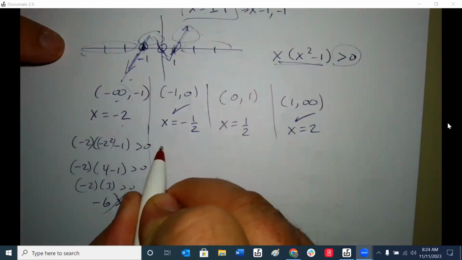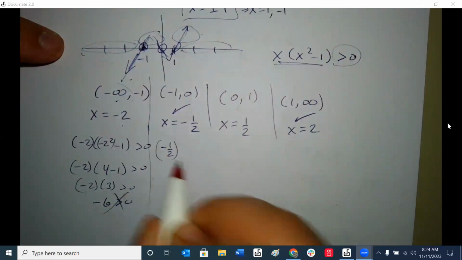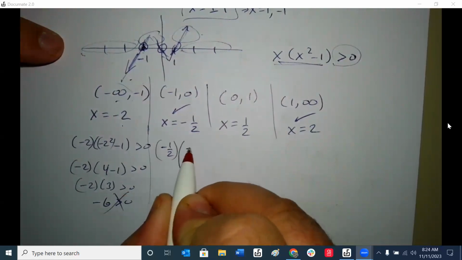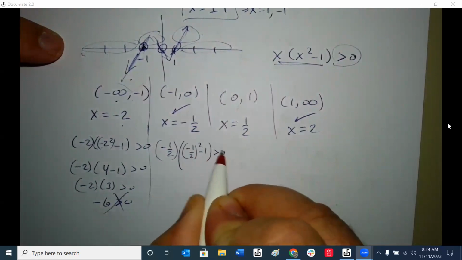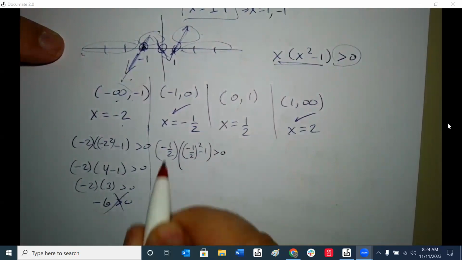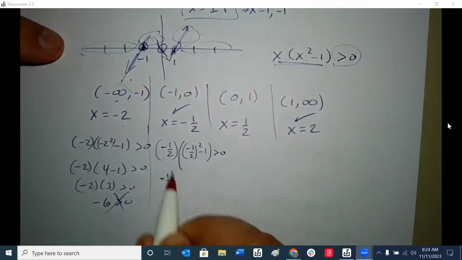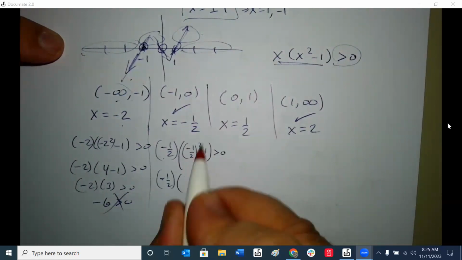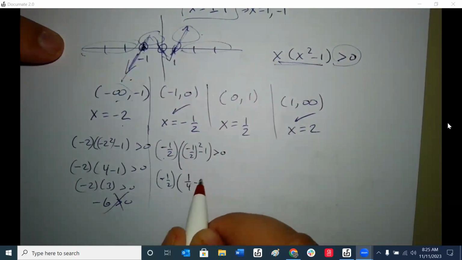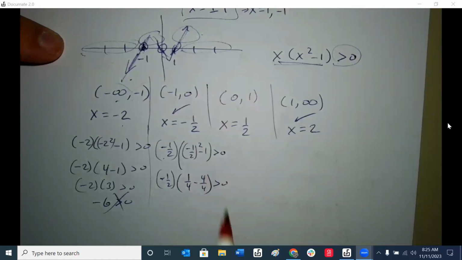At negative 1/2. So at negative 1/2 times, squared minus 1. Negative 1/2 squared, negative times negative is a positive. 1/2 squared is 1/4. 4/4 is minus 1.